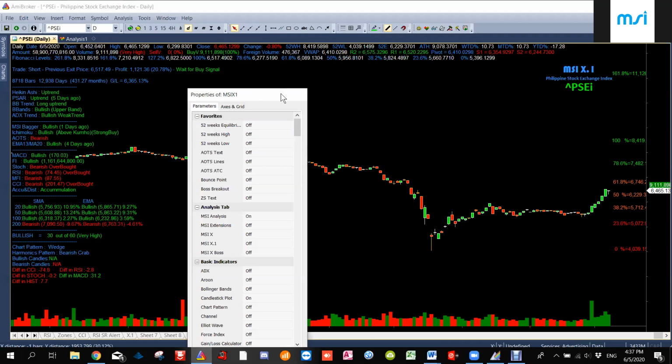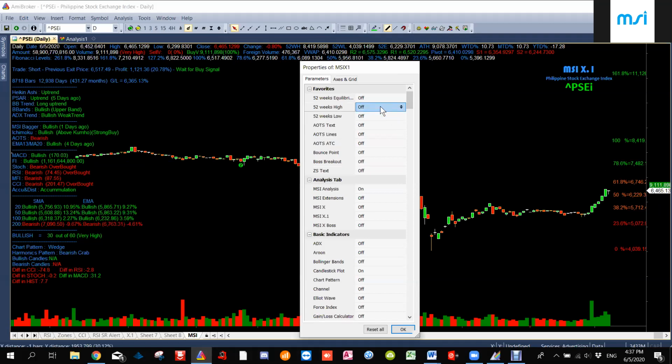Okay, so napakadami pa dito guys. You can just, basically it's repetition na lang naman kung anong nakikita nyo dito. It's just giving you the lines and the analysis on the chart, plotting it automatic for you. No? So I suggest you guys go into the parameters and then play with it. Just click on and off dyan sa mga options na yan, and then you will be able to find out agad-agad kung ano yung effect nun sa chart ninyo. No?